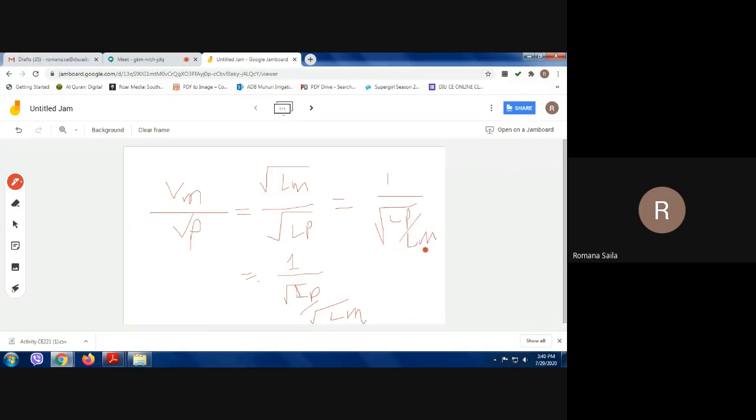Lp by Lm is equal to the scale ratio for length, which can be written as LR.